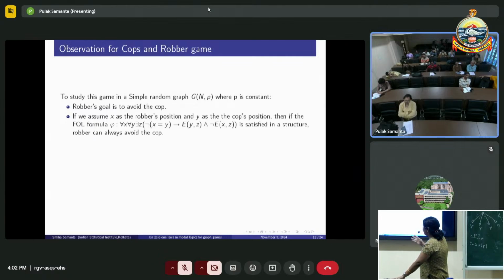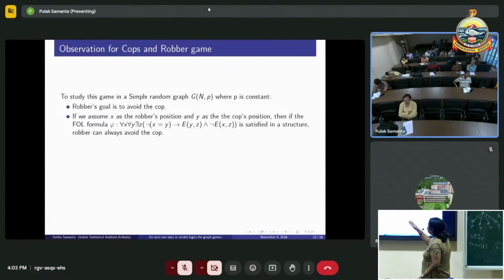So if we take this formula, for all x, for all y, where x is the robber's position and y is the cop's position, there exists a z which is adjacent to y. Sorry, there is a mistake. Actually y is the robber's position and x is the cop's position.